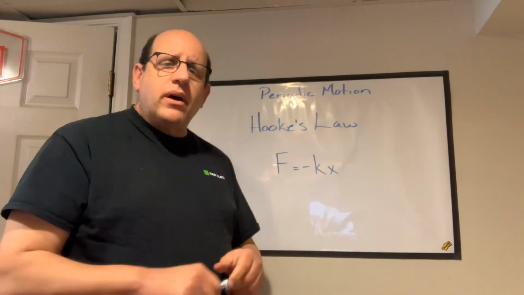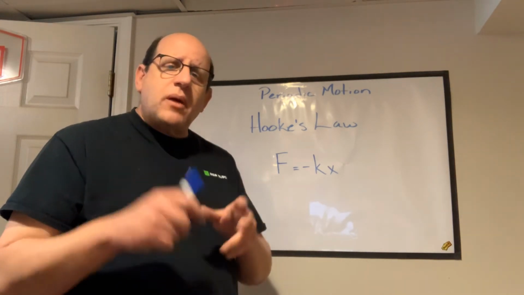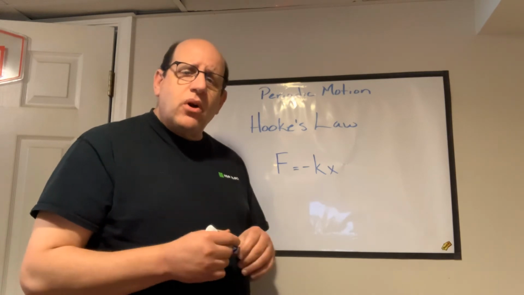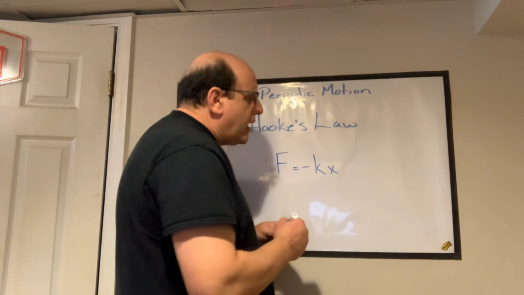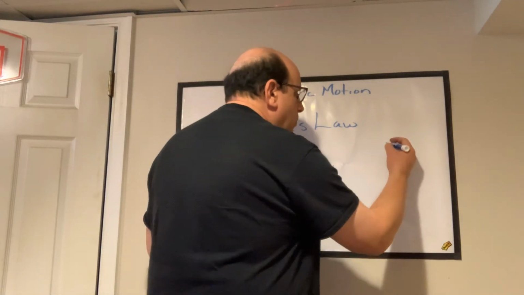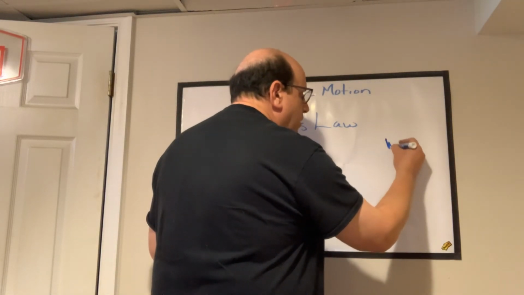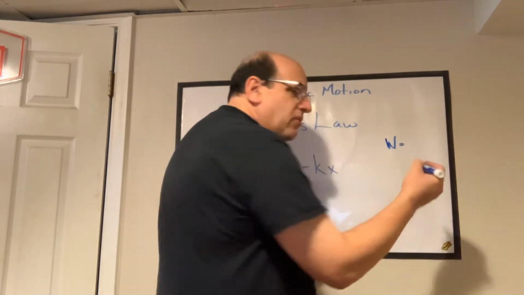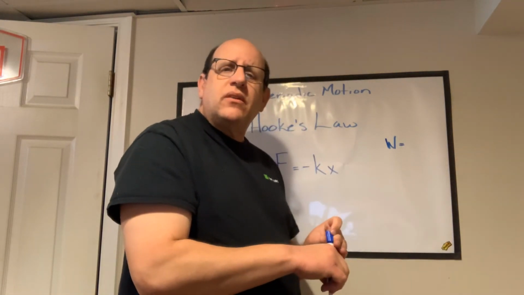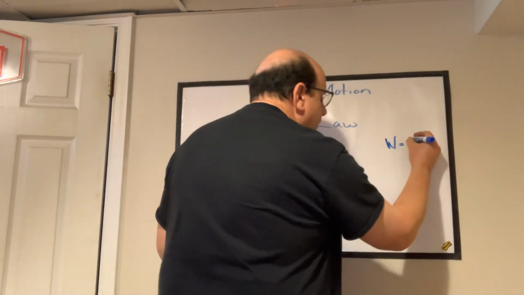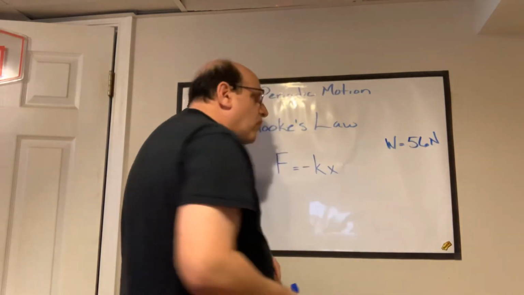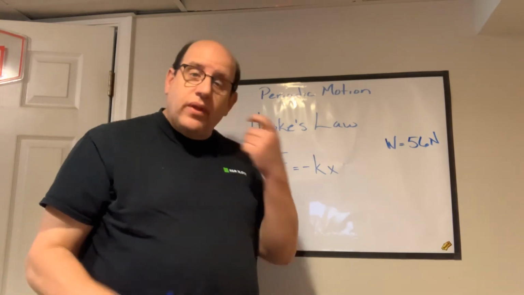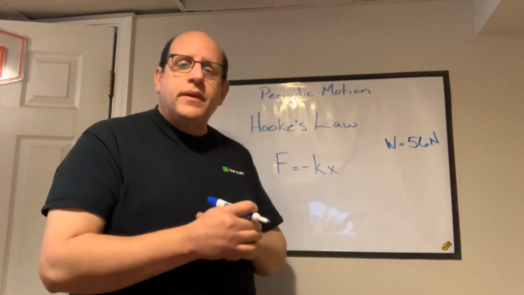We talk about the example problem that was in your homework, a bag of potatoes, and it had a weight in newtons of 56 newtons. That was the amount of force being applied.